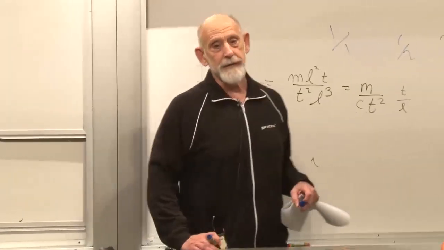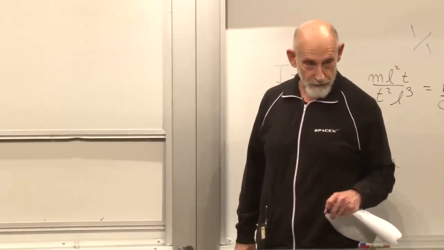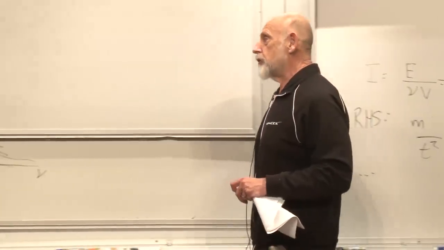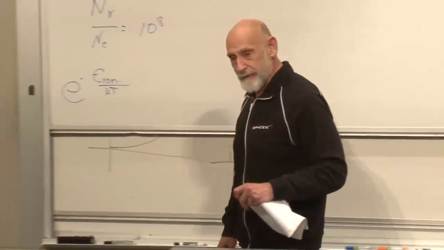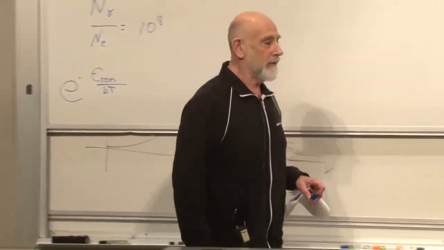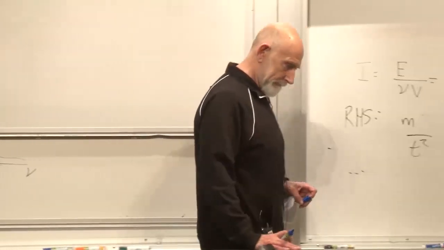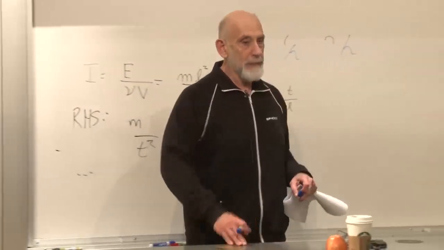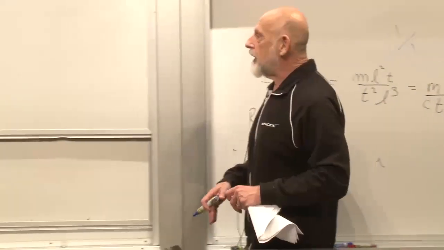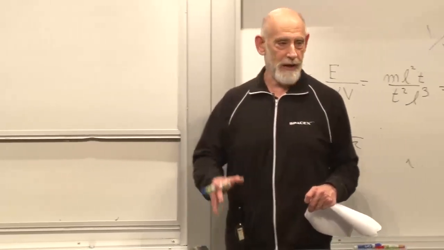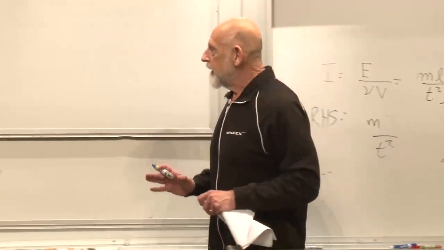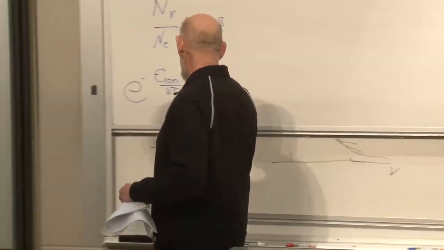On the other hand, there are a lot of photons. So instead of asking the question, what is the probability that any given photon has an energy big enough to ionize the atom, we could ask, how many photons are there that can ionize the atom? To answer that, we have to multiply this.